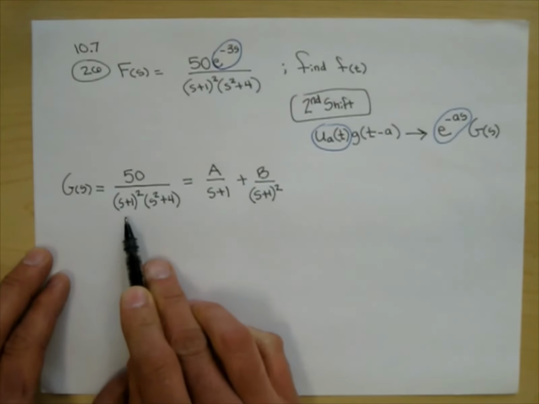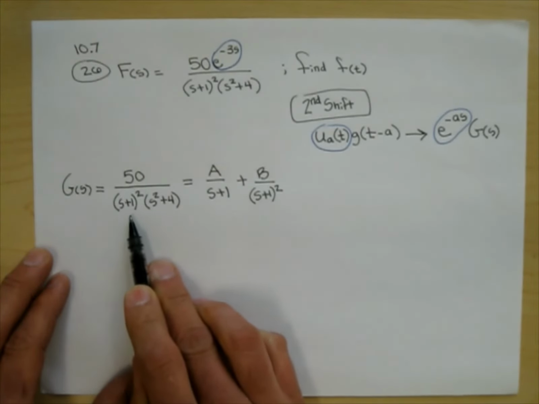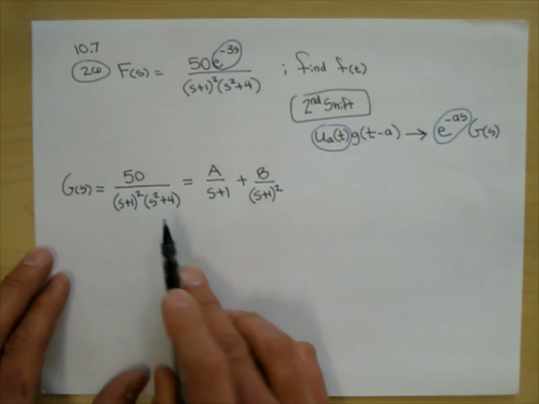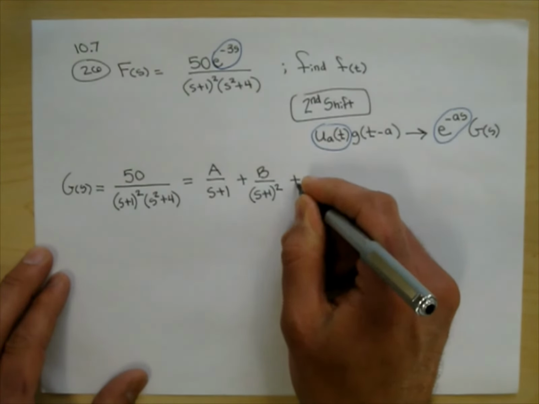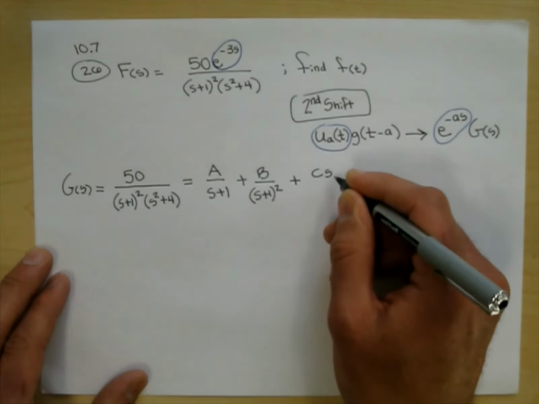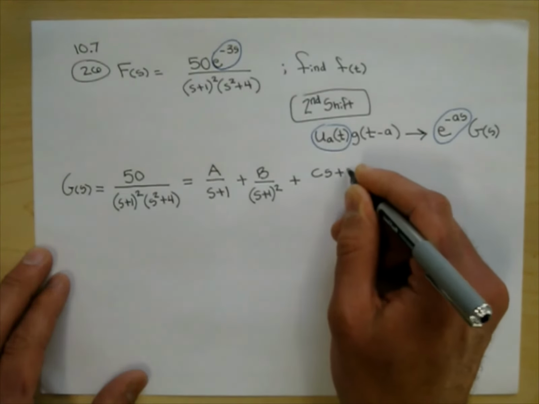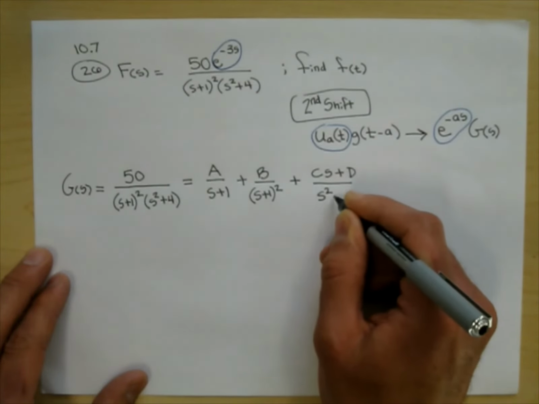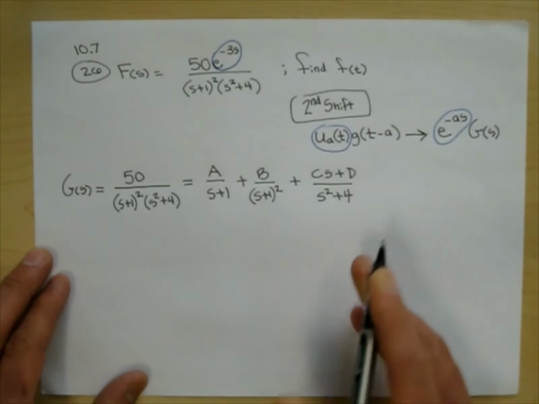That takes care of this s plus 1 quantity squared. And then I have a quadratic factor here, so I'm going to write this as plus Cs plus D all over s squared plus 4.